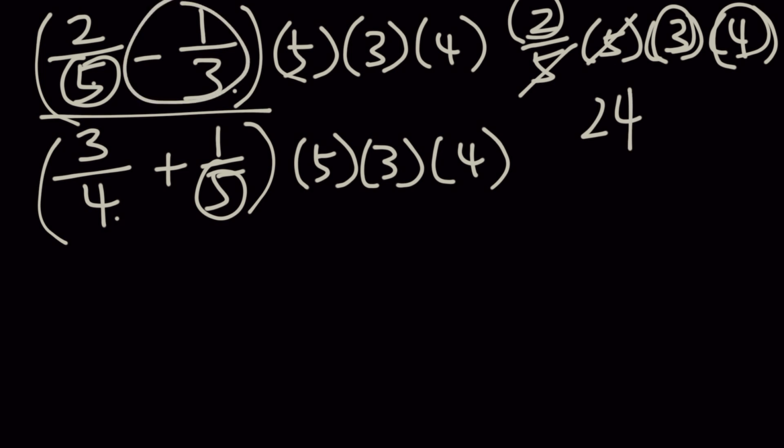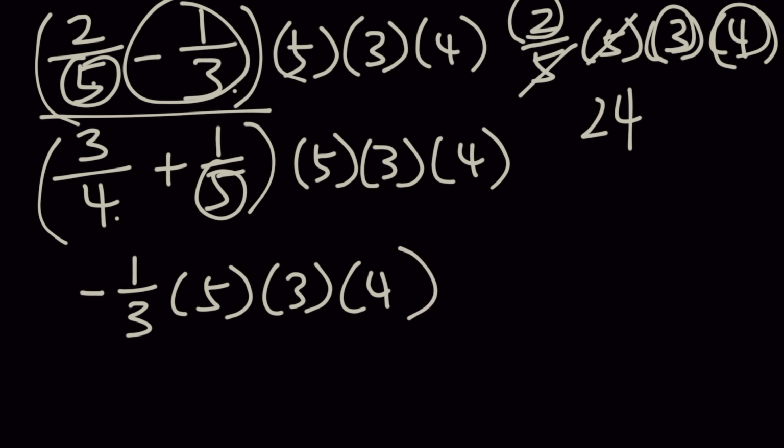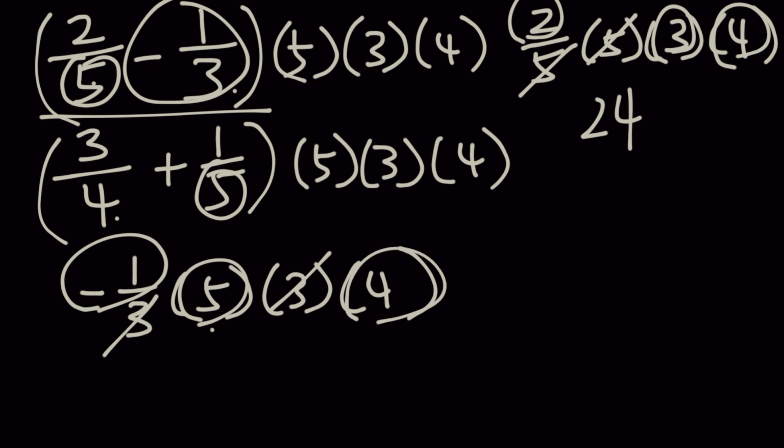For the second portion of the numerator, negative 1/3 multiplied by 5, 3, and 4. So 3 and 3 cancel out. We'll take negative 1 times 5 and 4. And 5 times 4 is 20. So we have negative 20. So that will be the second portion of the numerator.